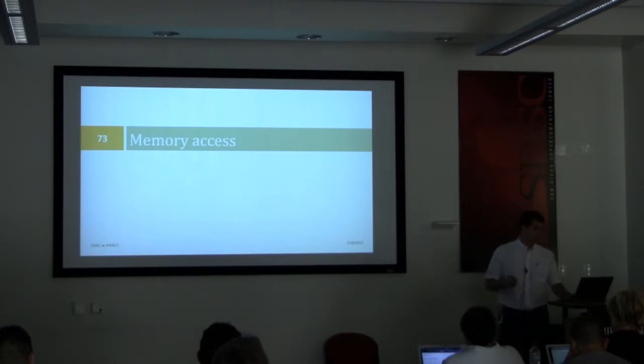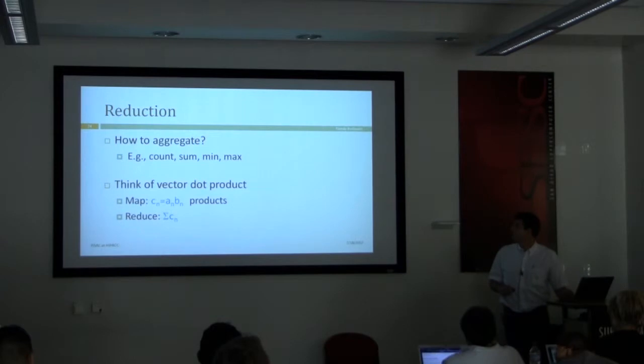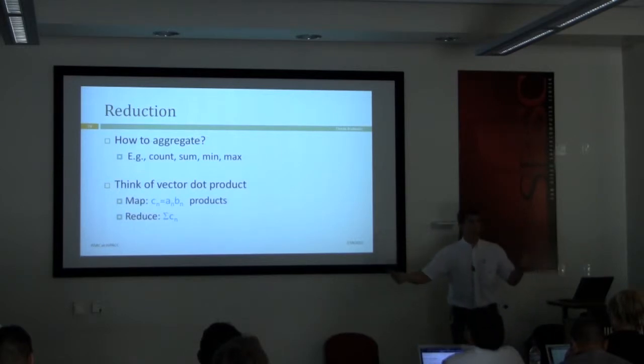But I wanted to draw your attention to these things and have some of them out of the way. As we said, processing in parallel is easy. You just fire up your threads, just like the vector addition in the previous example. But when you have to communicate with each other, or do something more than that, like aggregation or reduction operations in map reduce, then you have to think a little bit.